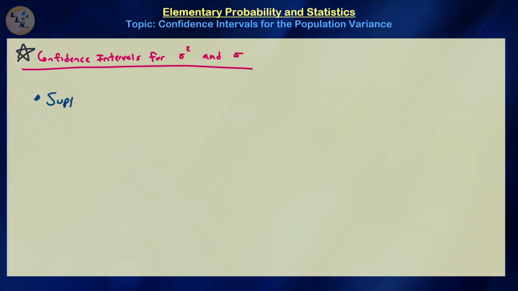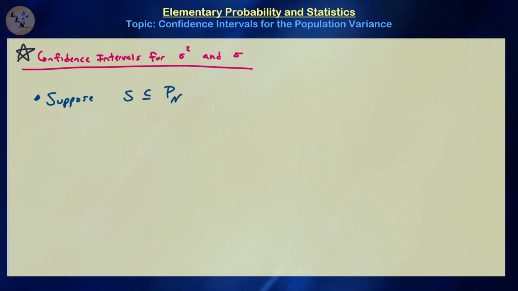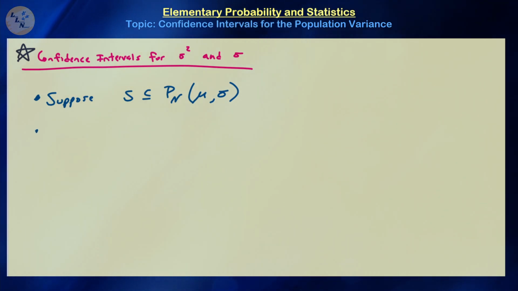So suppose that we gather a sample from a normally distributed population with some mean mu and standard deviation sigma, for which we do not know the value. So let's just recall a couple things that we've discussed in previous videos that are going to be very useful here.